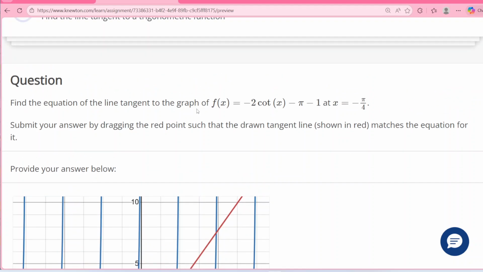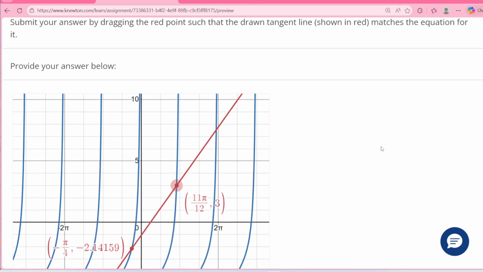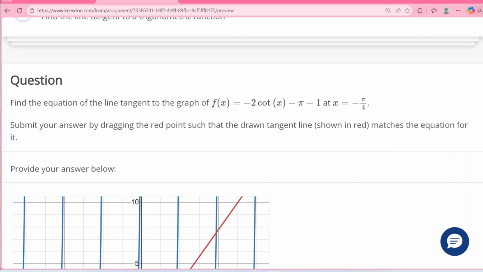Let's find the equation of the line tangent to the graph of f of x equals -2 times the cotangent of x, and then minus pi minus 1, at the point where x equals -pi/4. Then we're going to move some points around so that the red line on the graph matches the equation that we get for our tangent line.